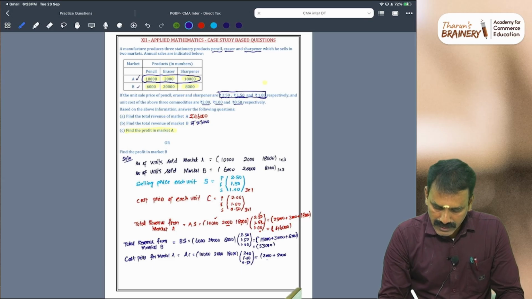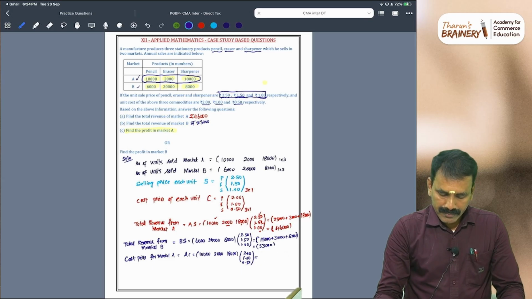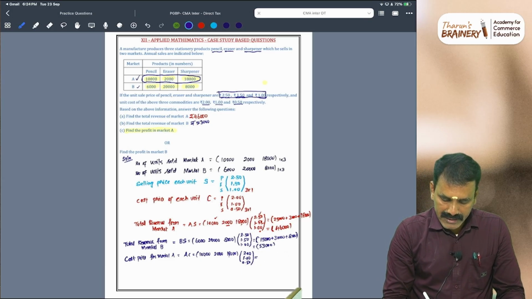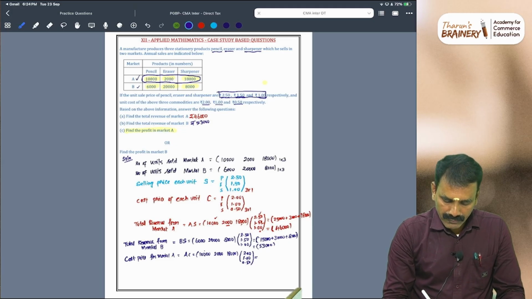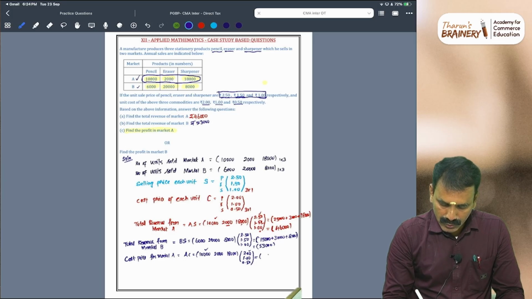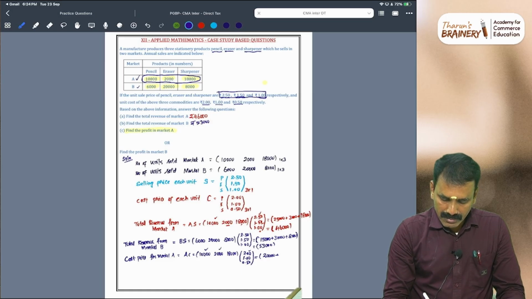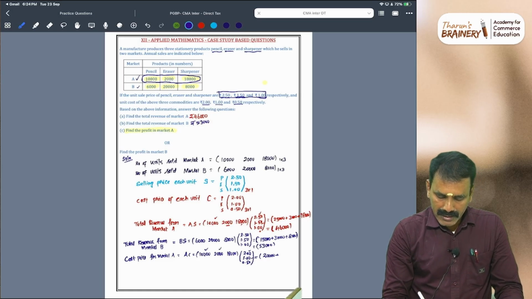We are going to multiply A matrix with cost matrix, C matrix. So first element is multiplied with the first element. So 10,000 is multiplied with 2 rupees. So it is going to be 20,000 plus second element is going to be multiplied with the second element. 2,000 multiplied with 1.